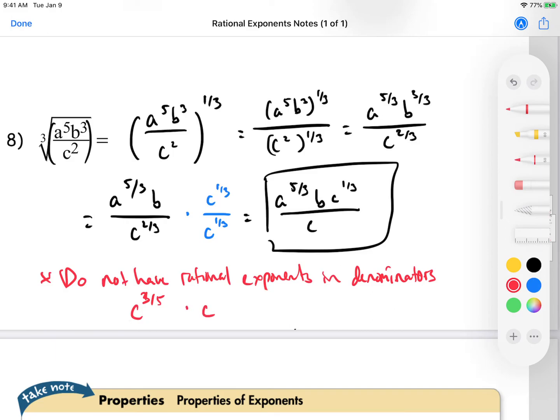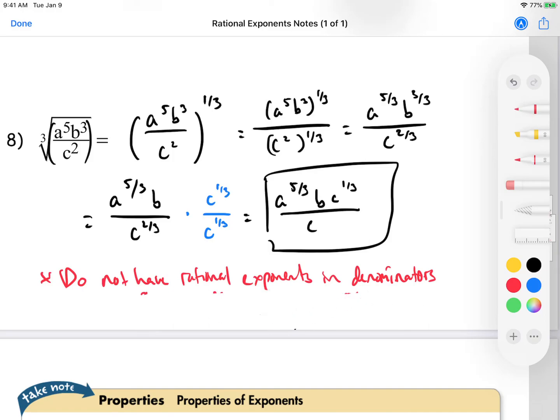C to the what? 2/5, exactly. Okay, because that'll be c to the 3/5 plus 2/5, which would give me c to the 5/5, which would give me just c. Okay. See how that all makes sense? Okay.